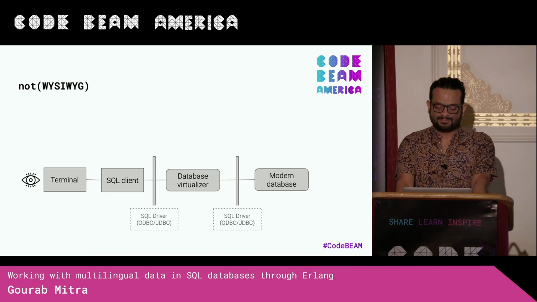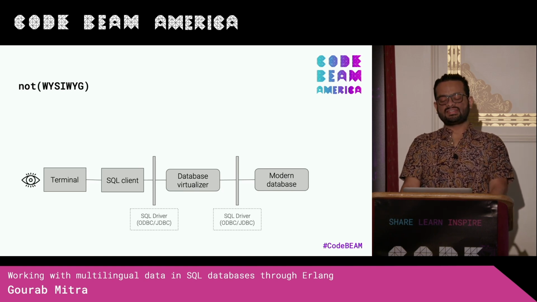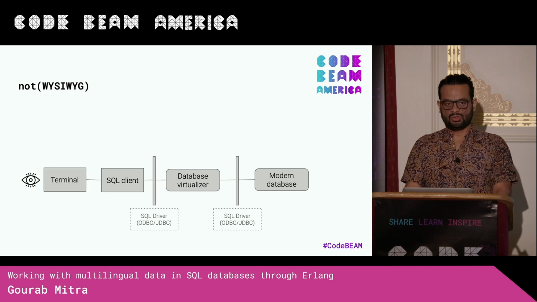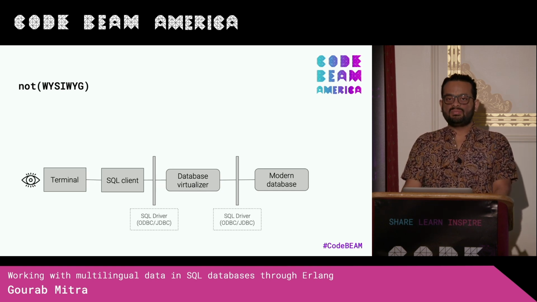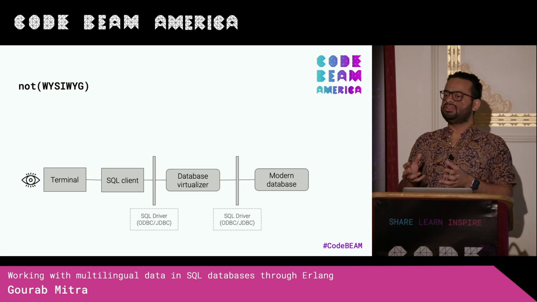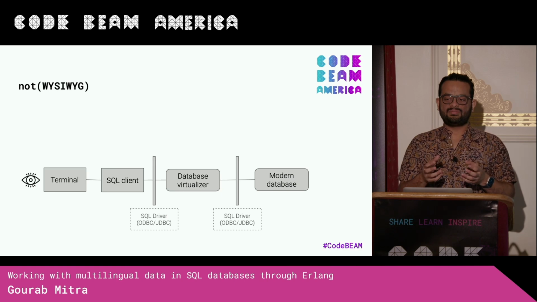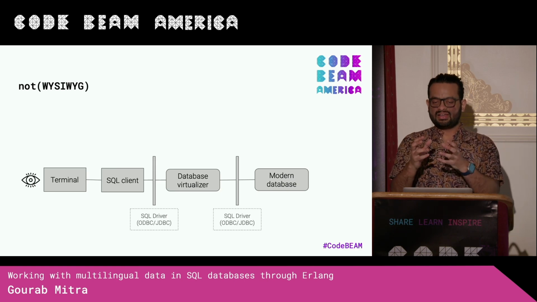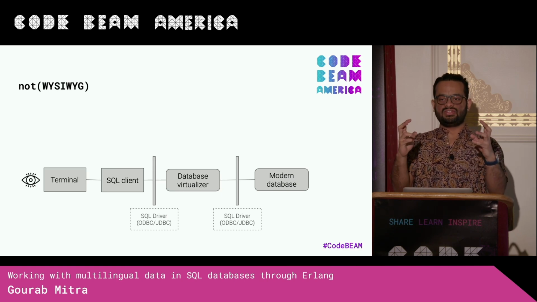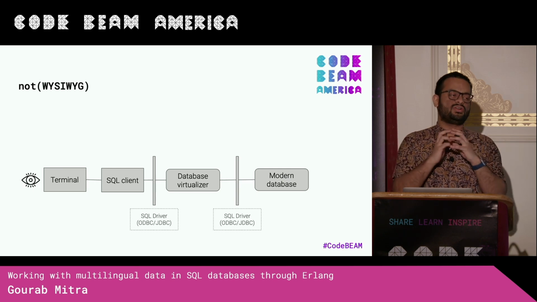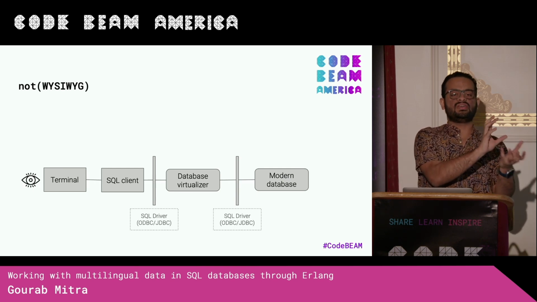The twist is also that sometimes the terminal will lie to you. The terminal might show you a perfectly valid Unicode character, but it does that because it sees mangled data, which it thinks, oh, these are valid Unicode code points. I'm just going to be nice and show the user the right character.